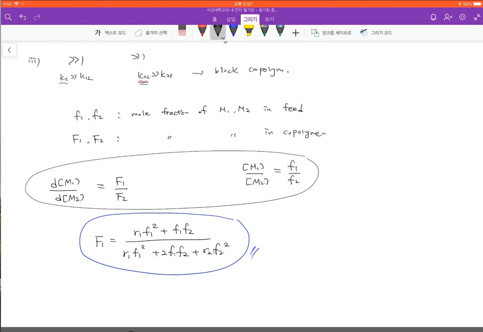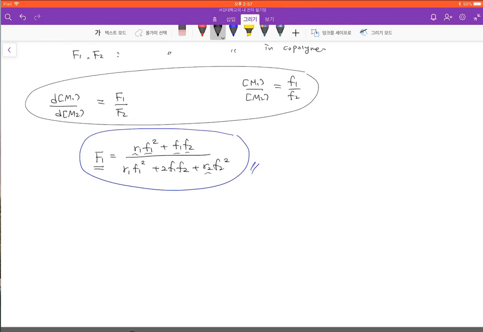So the composition of monomer in the copolymer is a function of monomer feed and also reactivity ratios R1 and R2. Let's see more details about which cases give different kinds of copolymer.